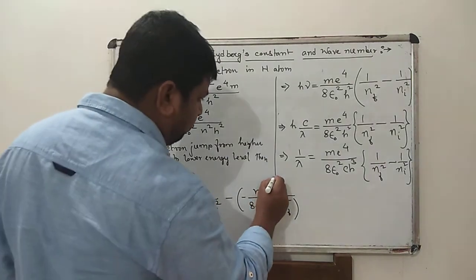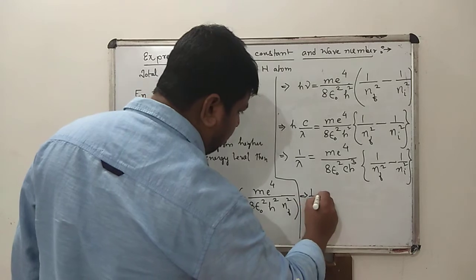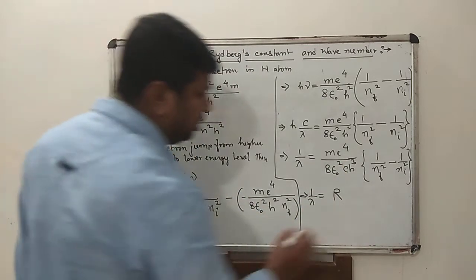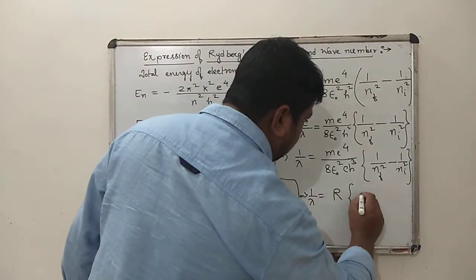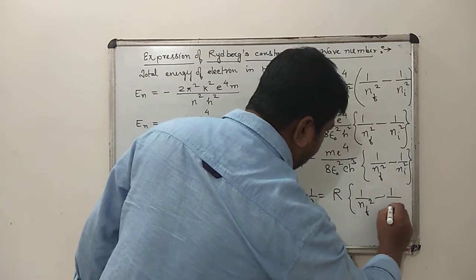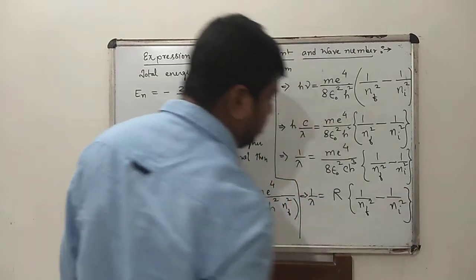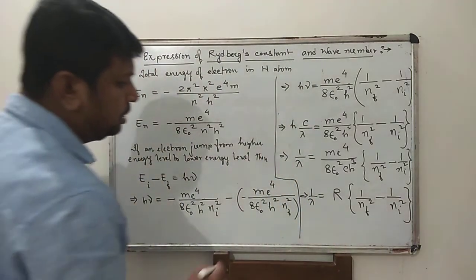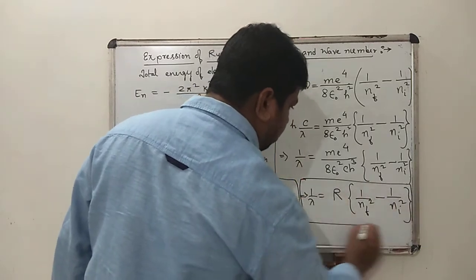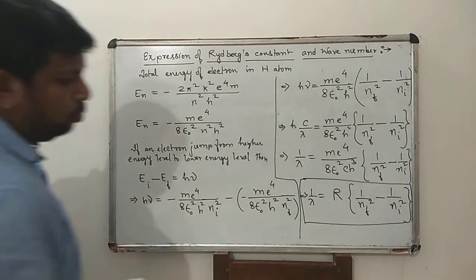This value is known as the Rydberg constant, R. So R into 1 by nf square minus 1 by ni square, this is the expression of wave number.